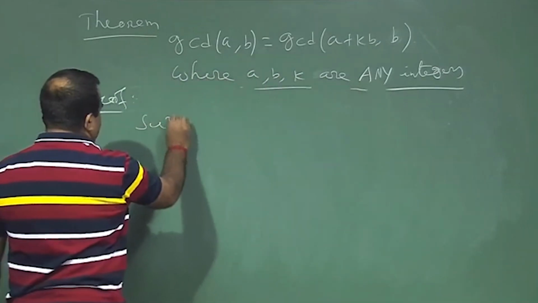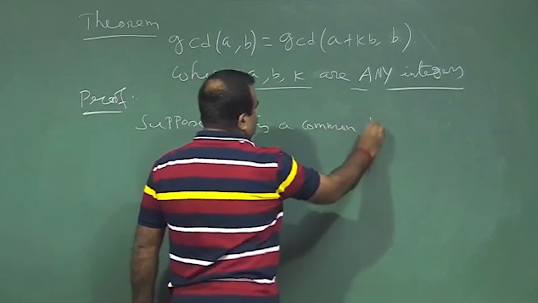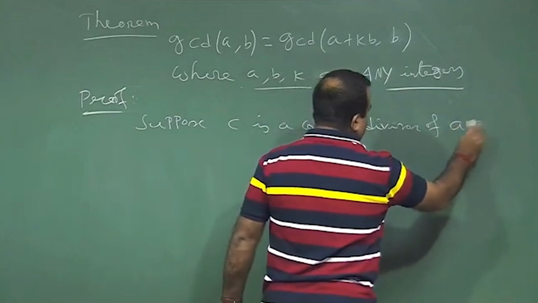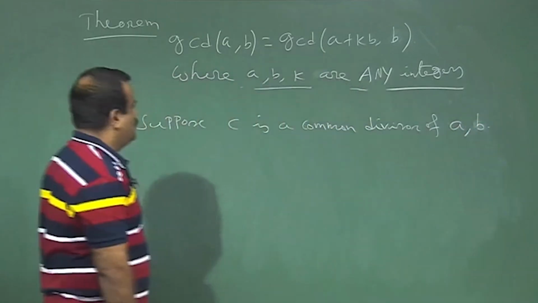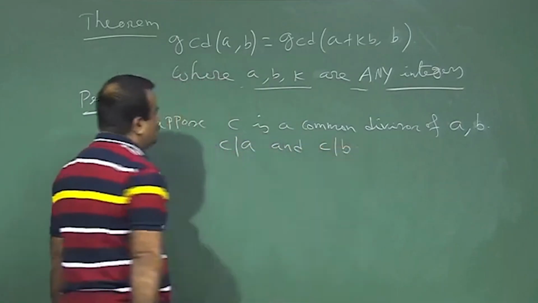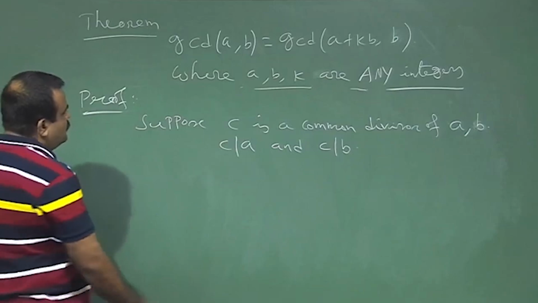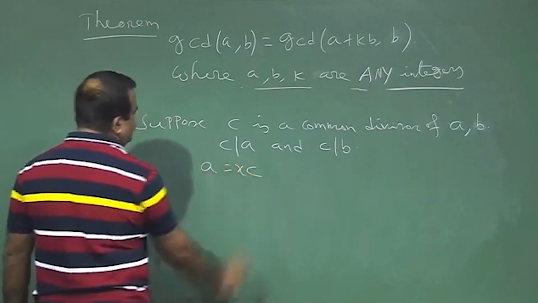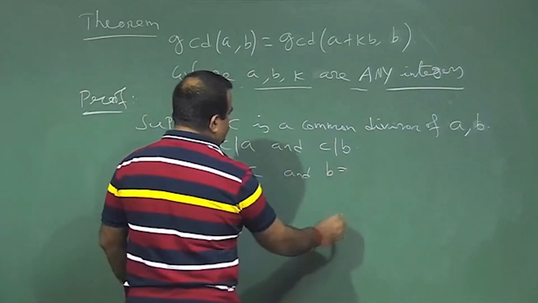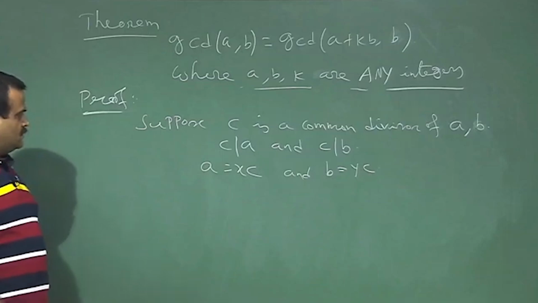Suppose C is a common divisor of A and B. That means C divides A and C divides B. C divides A means A can be written as XC, and C divides B means B can be written as some YC, where X, Y are two integers.